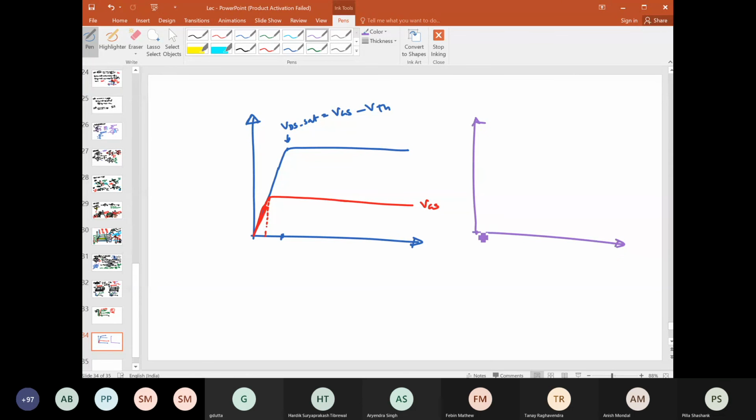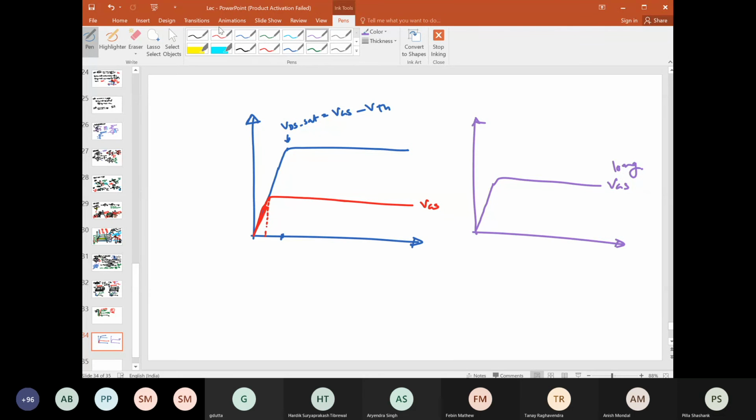then you have a separate slope for the long channel FET as well. This is a separate slope, or maybe I should not have drawn it like this because it looks quite unequal. So suppose this is for another VGS, for the long channel.